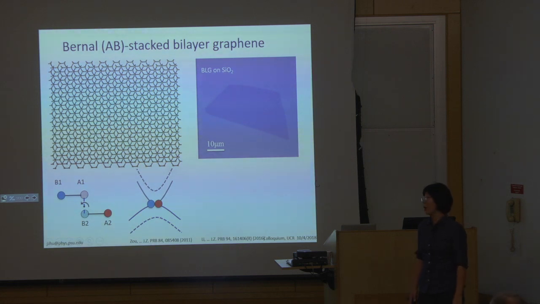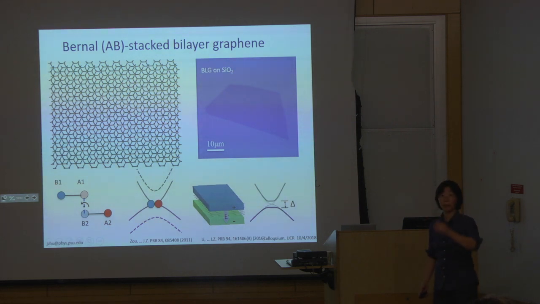Okay. But to break that symmetry, I can now apply an electric field perpendicularly through the sheet over here, and therefore give them different electrostatic potentials. Now I have opened a gap in the spectrum of bilayer graphene, okay, over here. Okay.